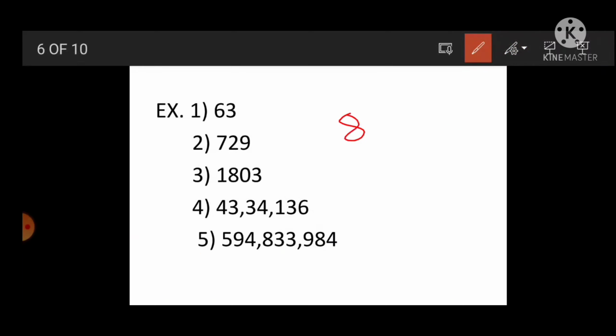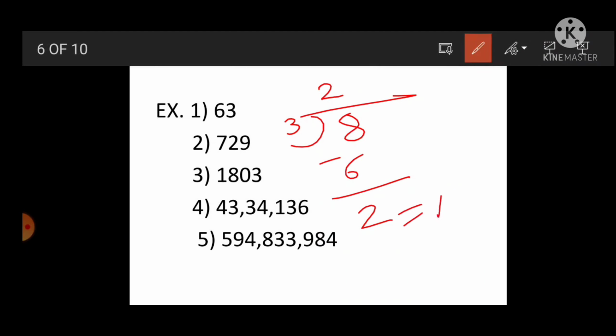See, 3 2s are 6. 8 minus 6 is 2. Here the remainder came 2, means 8 is not completely divisible. So 594,833,984, this number is not divisible by 3. Okay.